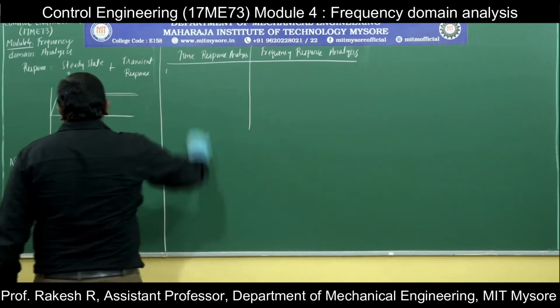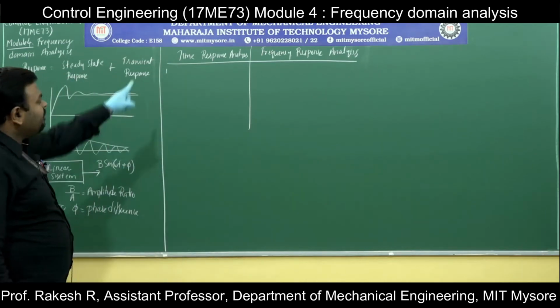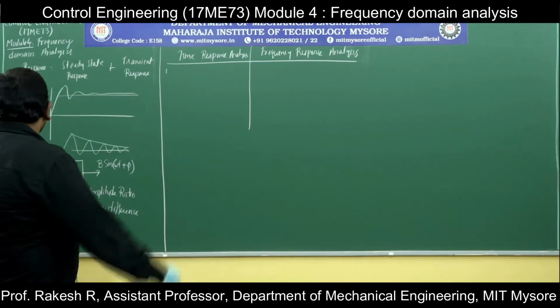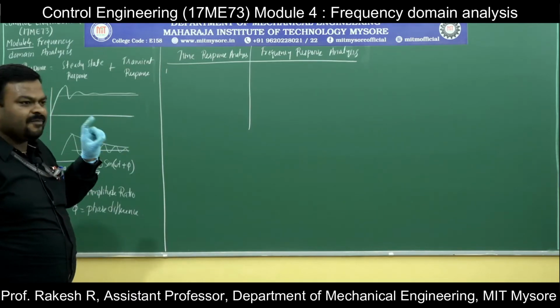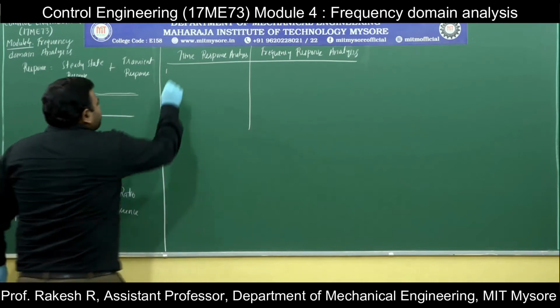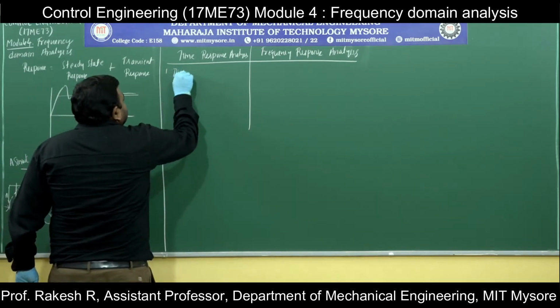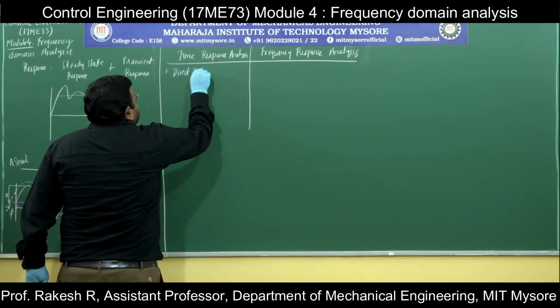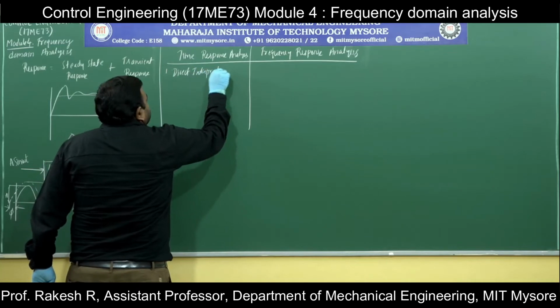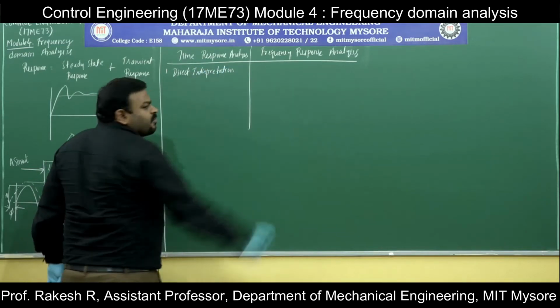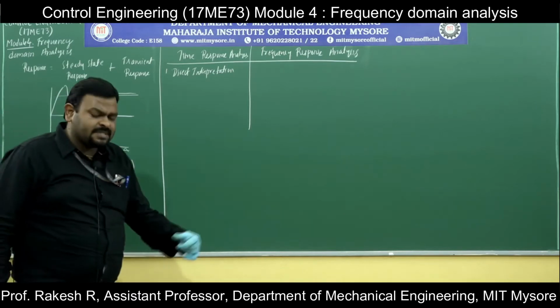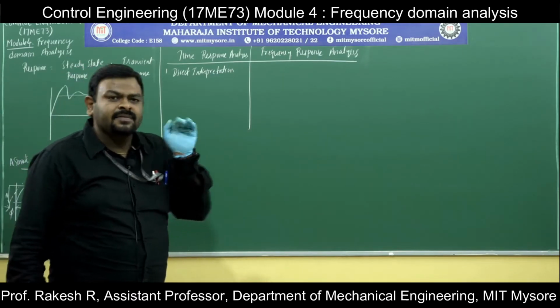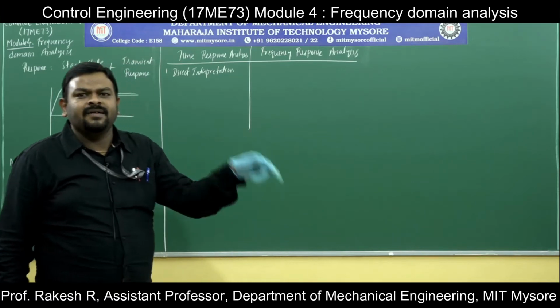The first one is, in time response analysis the interpretation for the curve is direct. Once you calculate the second order curve's time domain specifications, you will get rise time, settling time, peak time, everything.